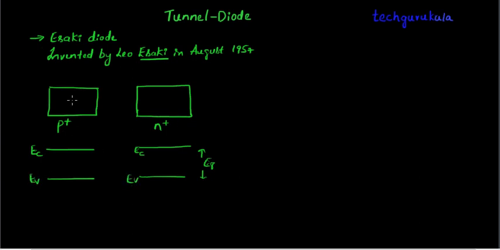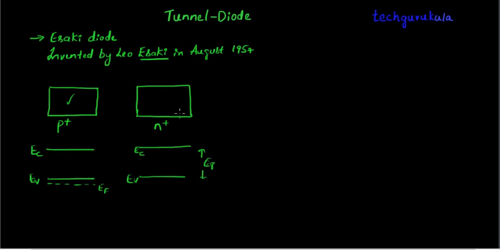Now when this material is doped very heavily with acceptor or p impurity, the material becomes degenerate, and the Fermi level will be below the top of the valence band, which is EF here.